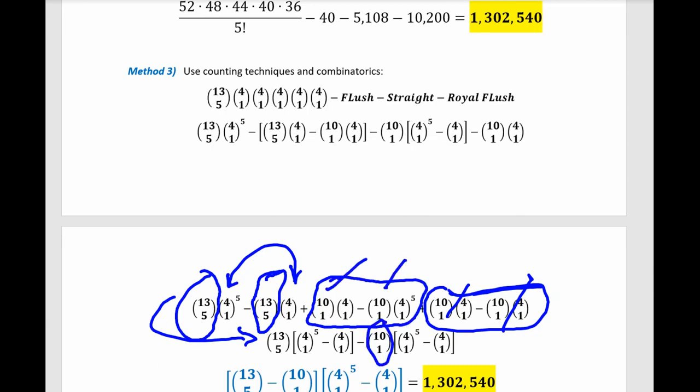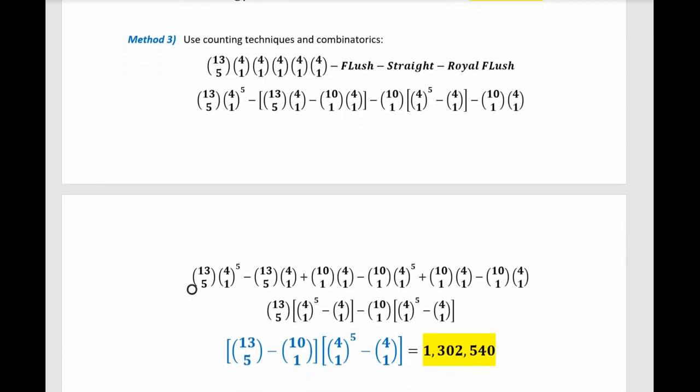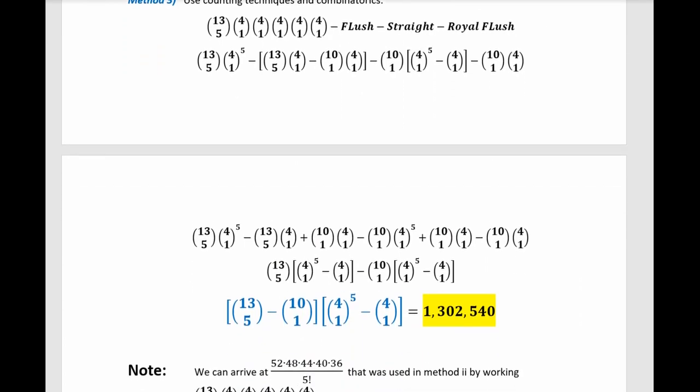Okay, so that's what happens next. Let me remove these.